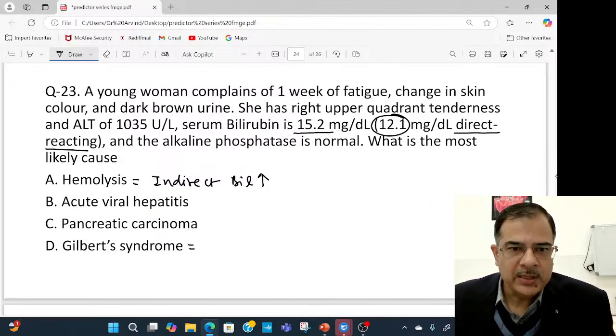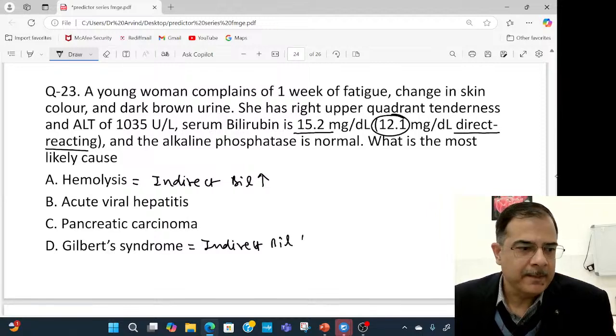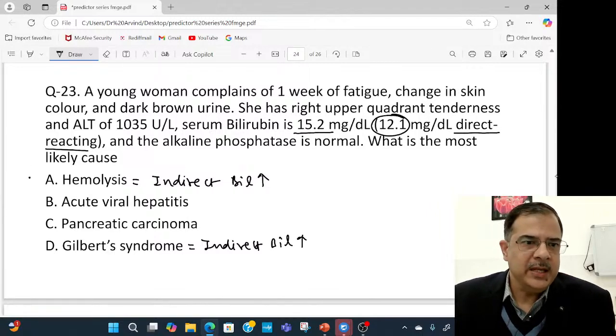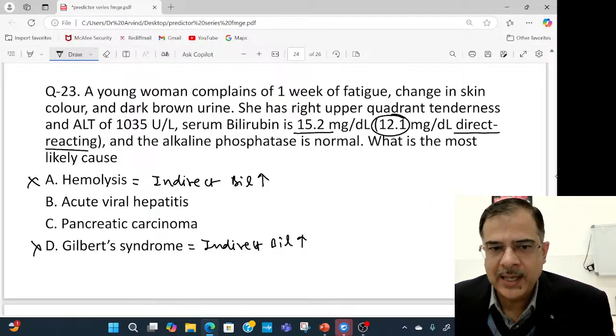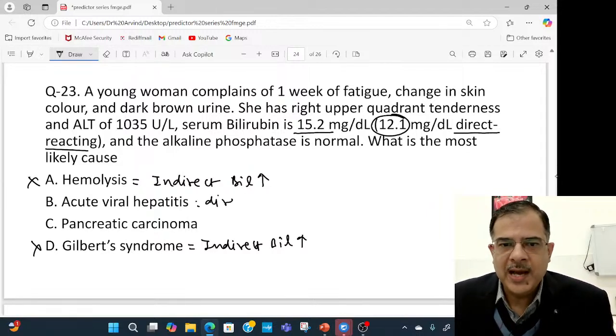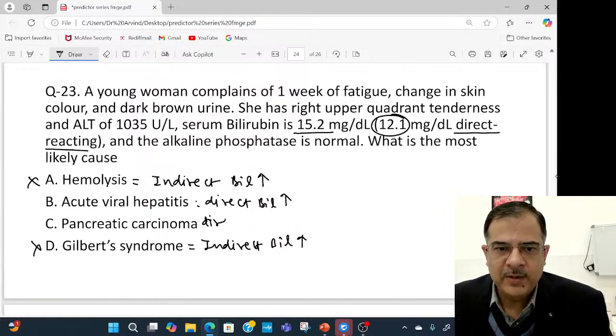While in Gilbert syndrome, again, indirect bilirubin is high. So it means A option is not there, D option is not there. We are left with two options, acute viral hepatitis and pancreatic cancer. In both conditions, direct bilirubin will be elevated.